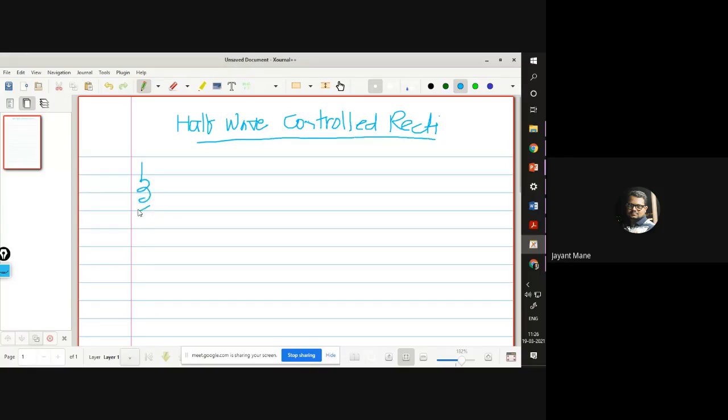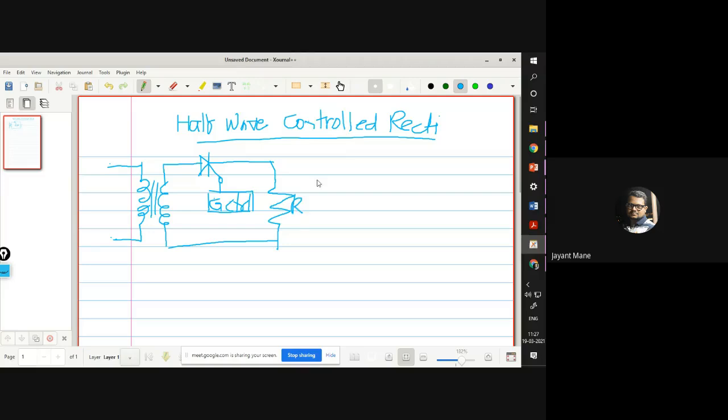in which there is input supply to a transformer, then there is HWR, there is gate control circuit, we have seen R load.